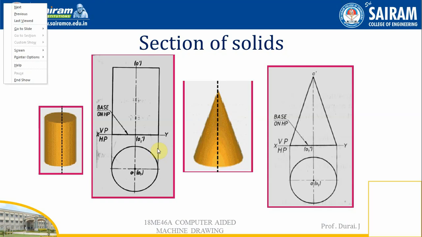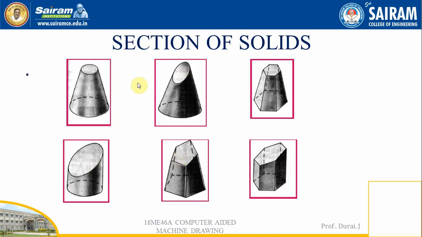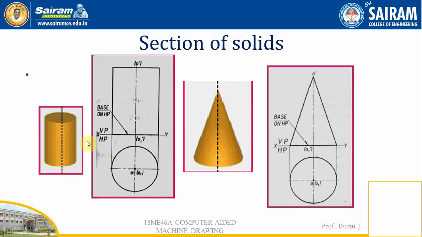If you see here, exactly in the middle, there is no prism, so from here it will be a straight edge and the bottom also a straight edge, so it looks like a rectangular face.